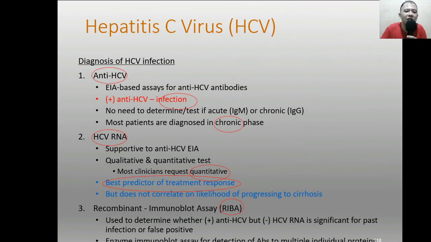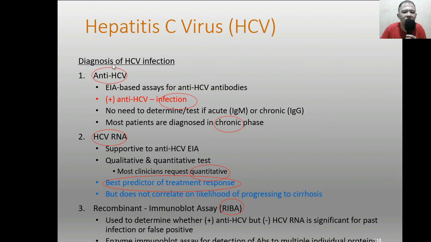And in the diagnosis of hepatitis C infection, you cannot really rely on the antibody.